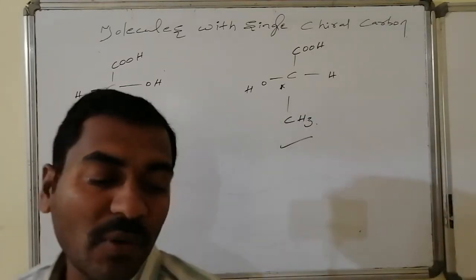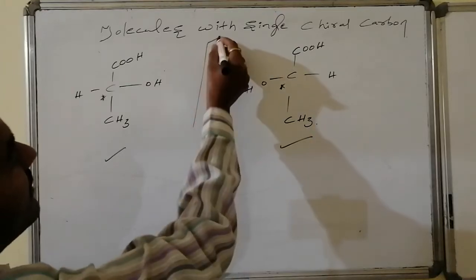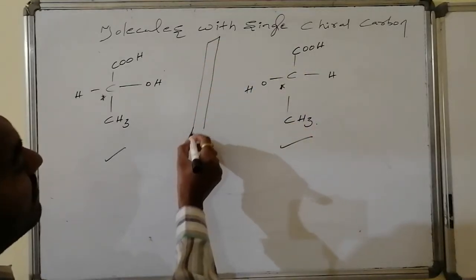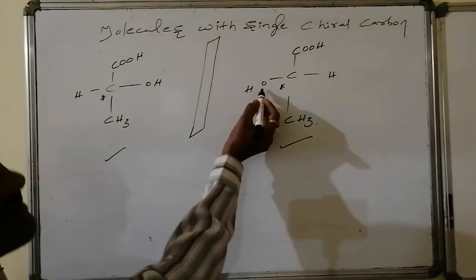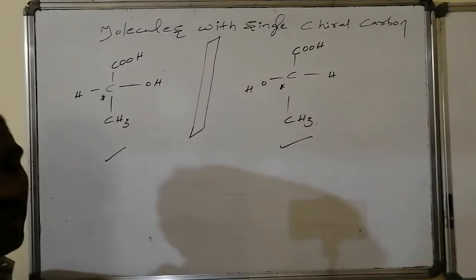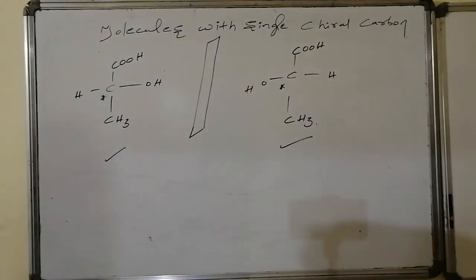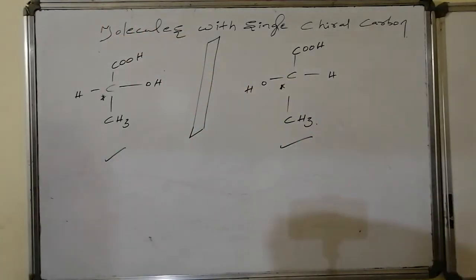And here, if I keep a plane here, then one is acting as a mirror image to the other. See here in Fischer presentation, this OH came first. It is acting as a mirror. This molecule and this molecule are acting as mirror images to one another. But if I impose this particular molecule over this, it never superimposes.